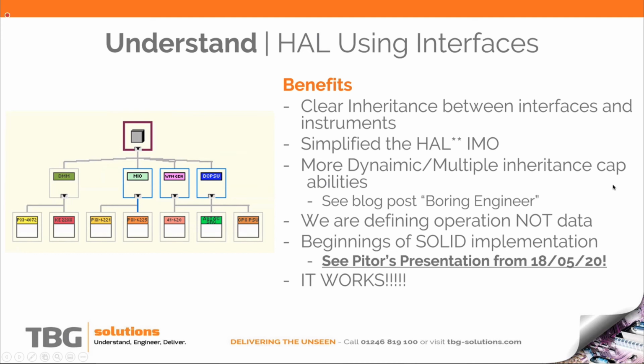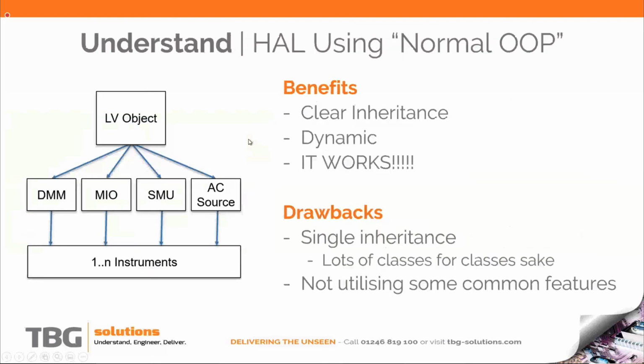So some benefits. Again, we've got clear inheritance between interfaces and instruments. That's a bit more clear with the MAL stuff that I'll show you, stuff that I've implemented before, where you don't know what's going where. In my opinion, we've simplified the HAL because we're not having to create a separate AC source parent class.